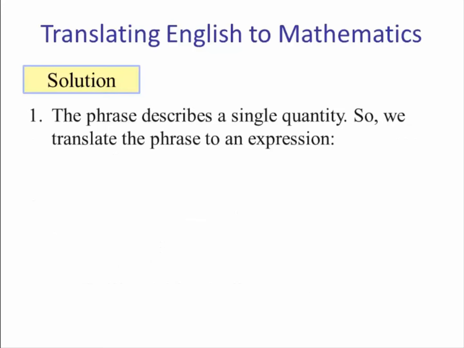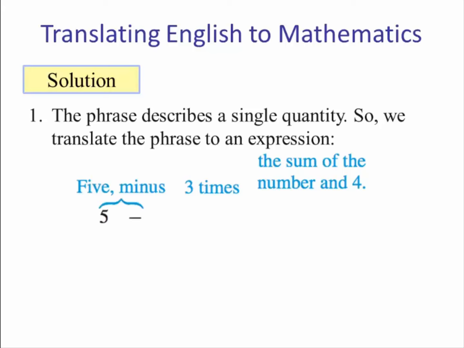Number 1, the phrase describes a single quantity, so we translate the phrase into an expression. We have 5 minus 3 times the sum of the number and 4, which is x plus 4. Now we need parentheses here because the 3 is multiplying all of this.